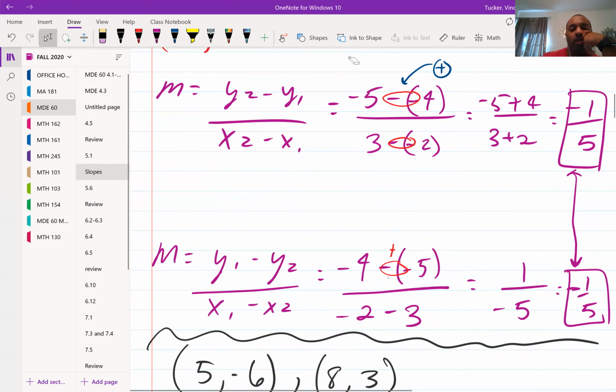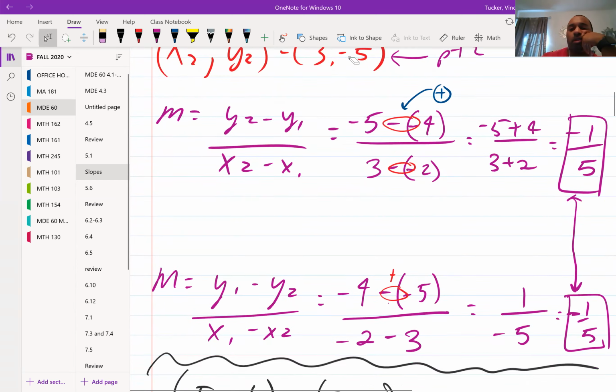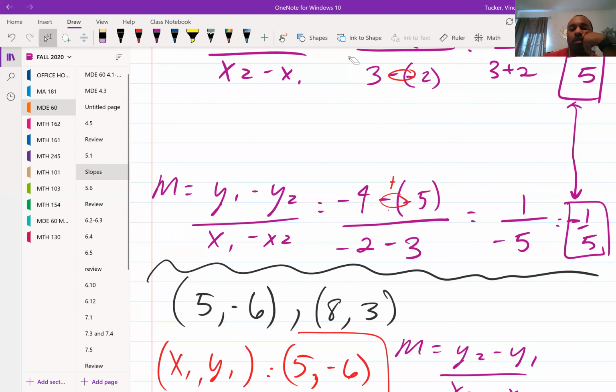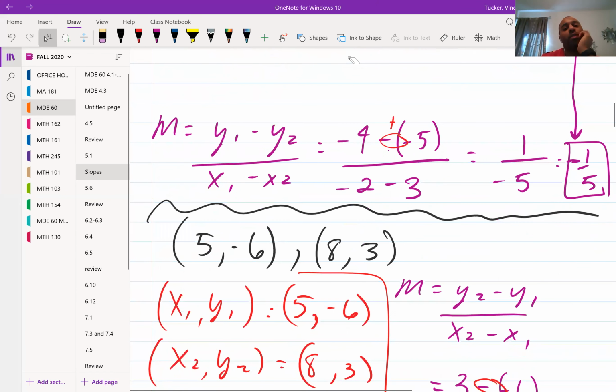I believe we're about to do it again in the next one. So let's go here. So let's do that again. So the next one, we have 5 and -6 as our first point, 8, 3 as our second point.